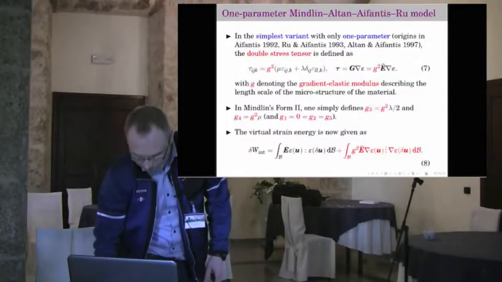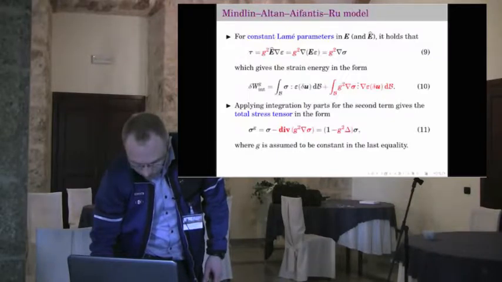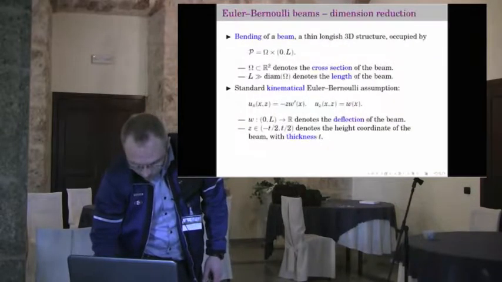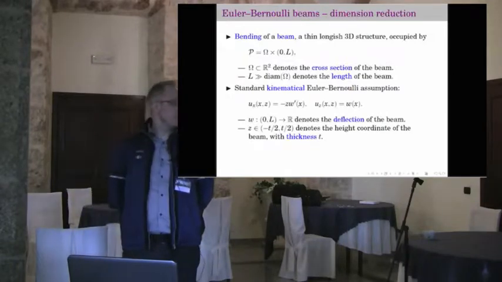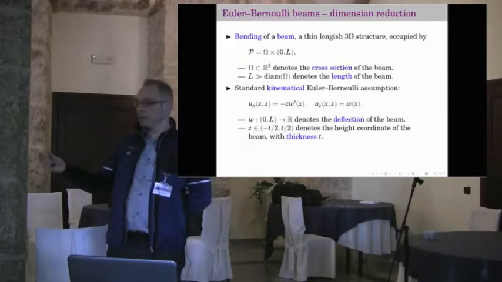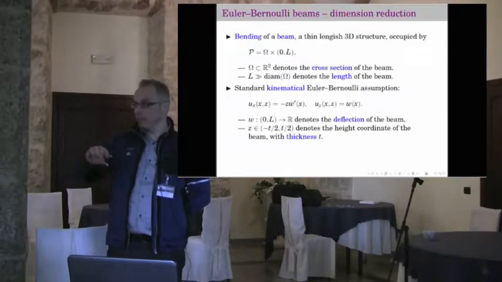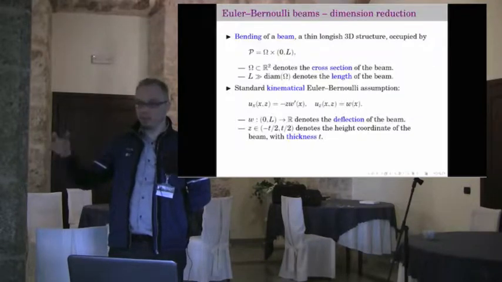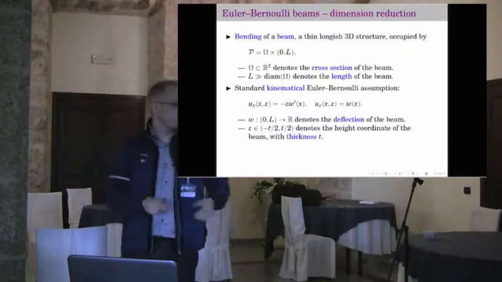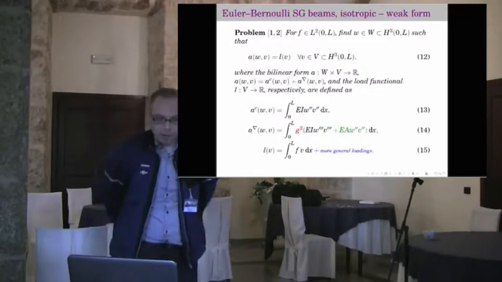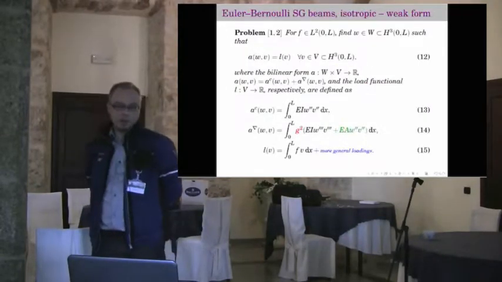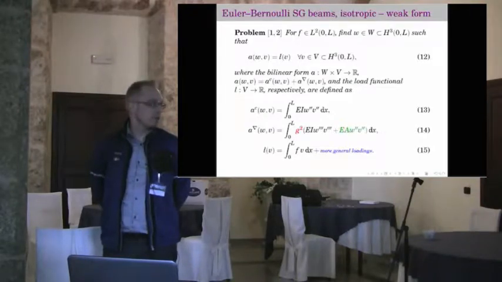All this is known. But now if we want to think about beams, then of course we just take the kinematical assumptions, plug them in the energy, and see what we get from the principle of virtual work. Okay, this is what we have done. And then we write the weak form or variational formulation of the problem.